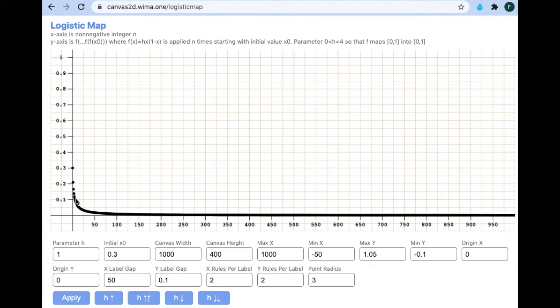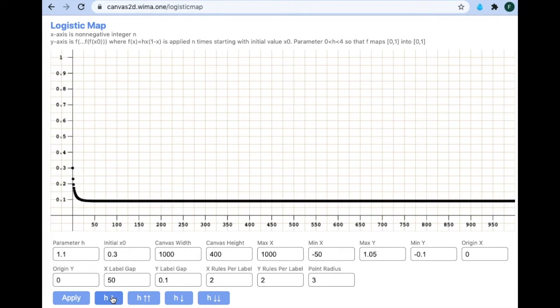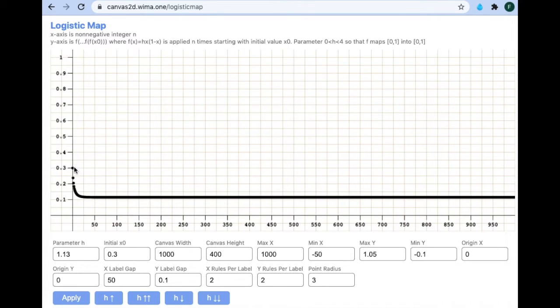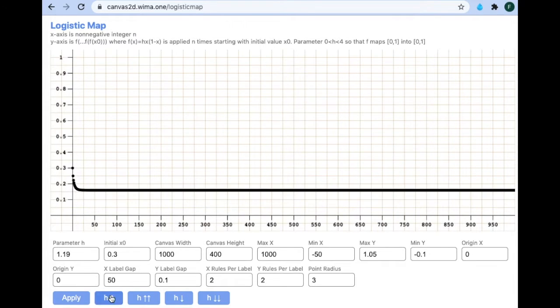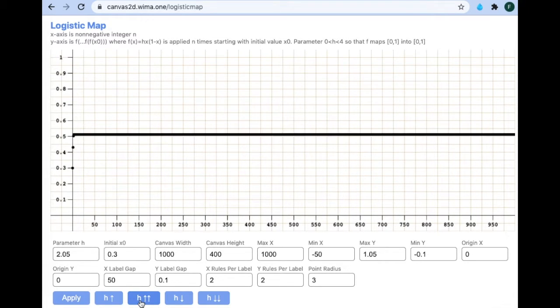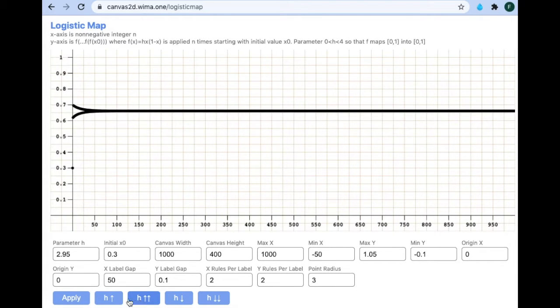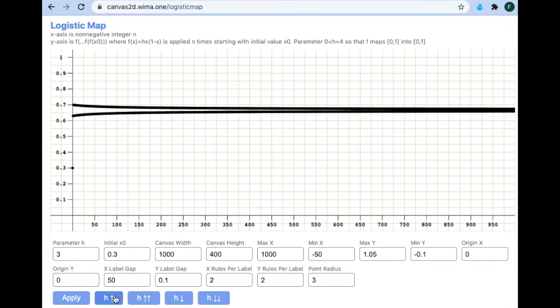So when h is less than 1, the population dies off. But if h is greater than 1, the population decreases, but still it reaches a limit. Okay, when h reaches 3, one line splits into two lines.